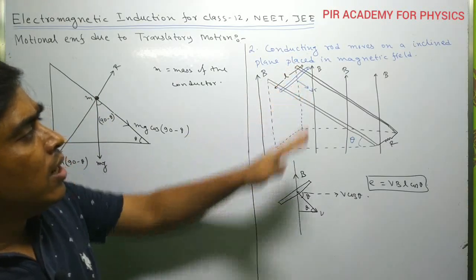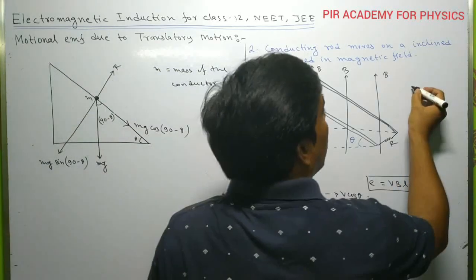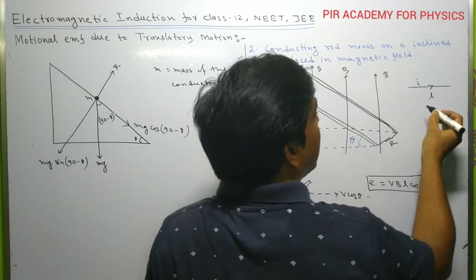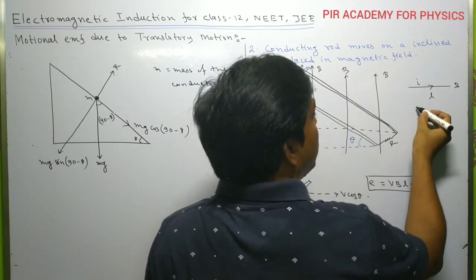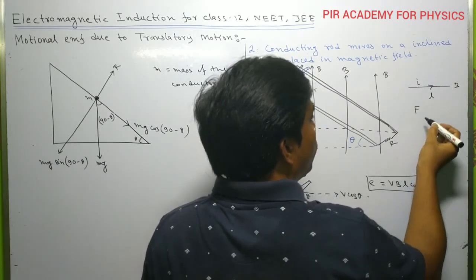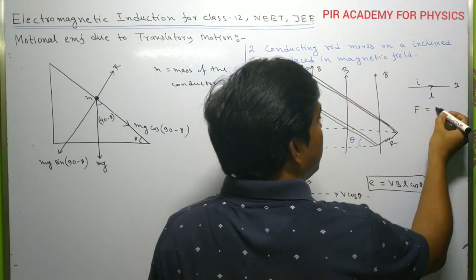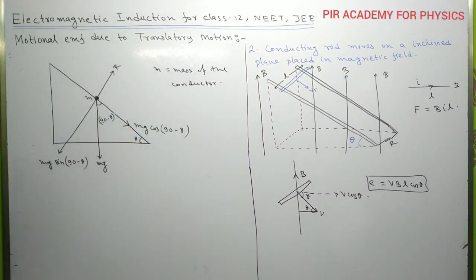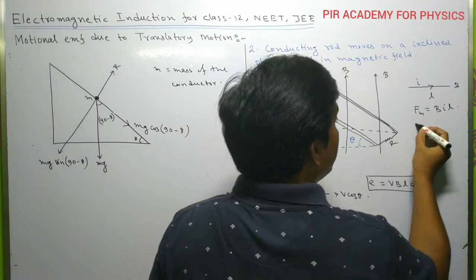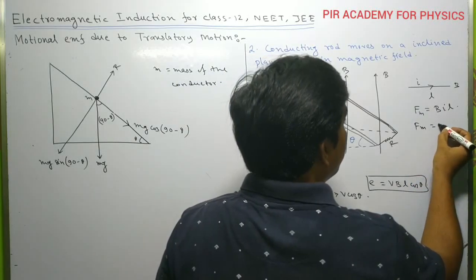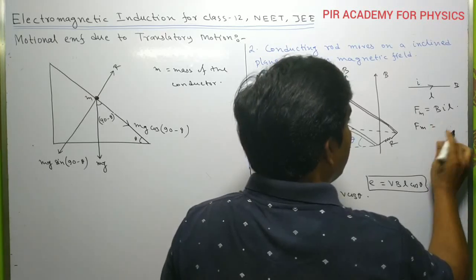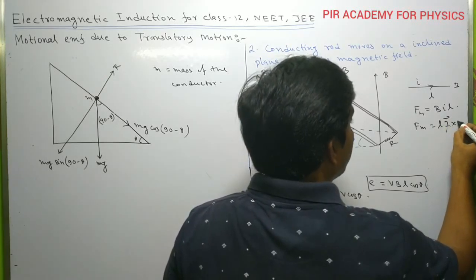For the induced current, if a conductor of length L carries current I in magnetic field B, then the force on this conductor will be BIL, and the vector form of this magnetic force will be F_m equals L (I cross B).